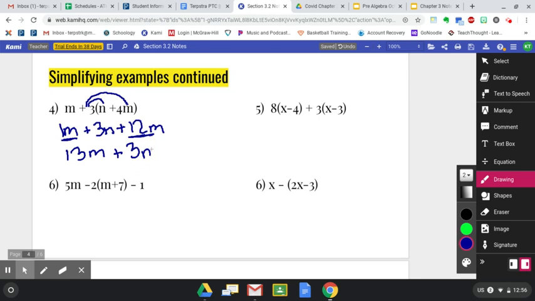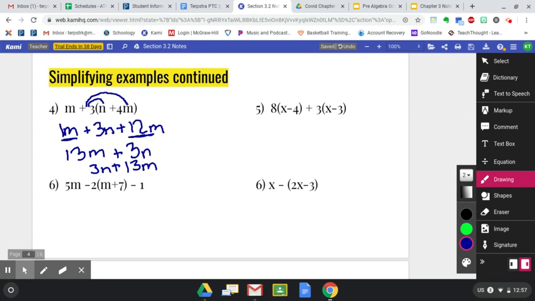Now, with two variable terms there, it doesn't matter the order. Typically, it's written in alphabetical order, so I would put the m term first and then the n. But it's not wrong to have 3n plus 13m.